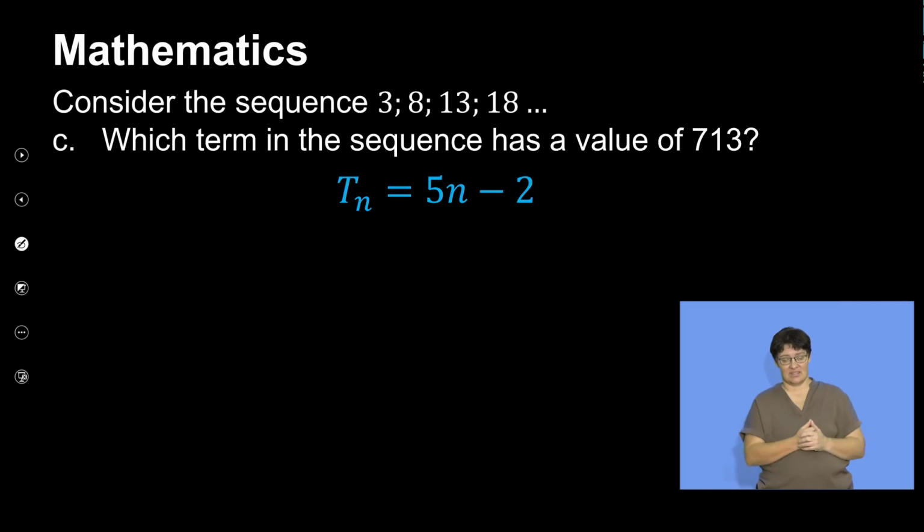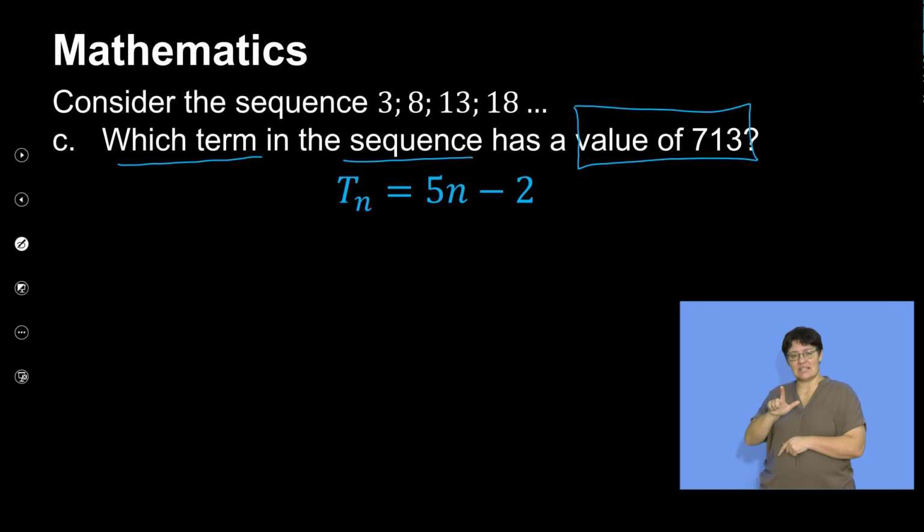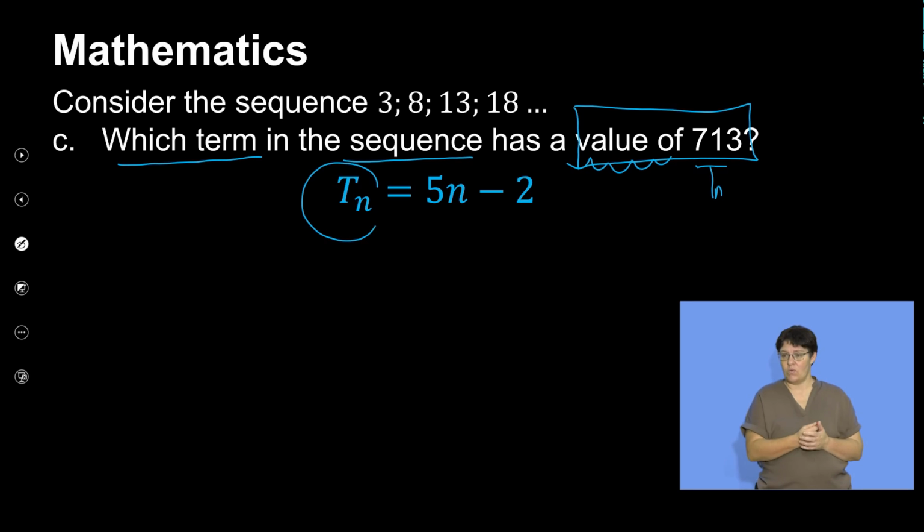We are going to determine which term in the sequence has a value of 713. Because we are talking about a value, that means that is going to be my Tn. So I'm going to replace Tn with 713 because that is the actual term value.